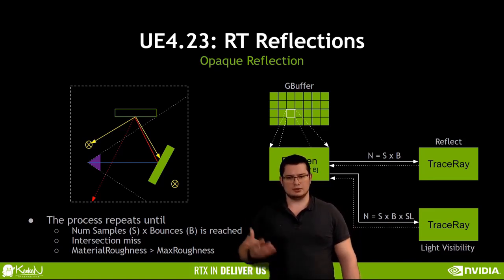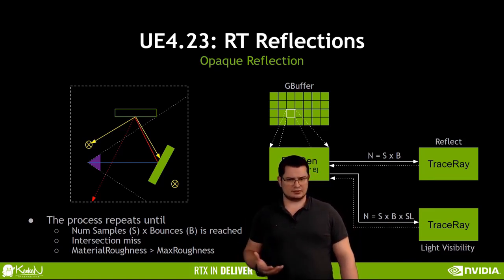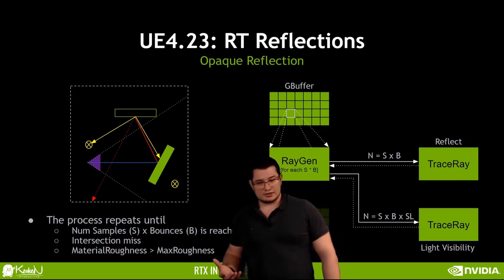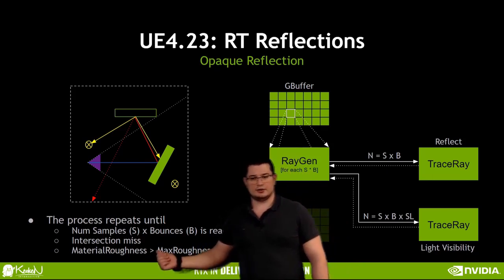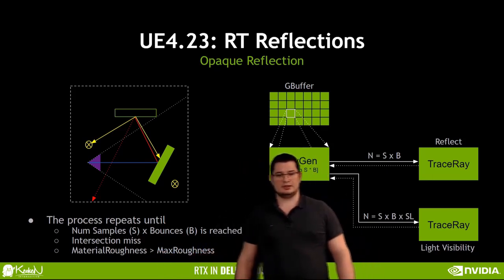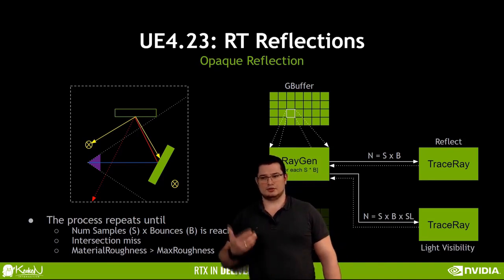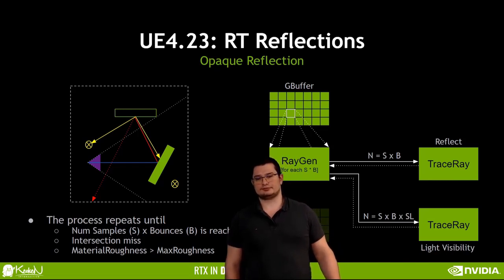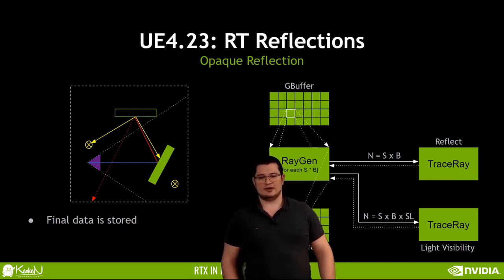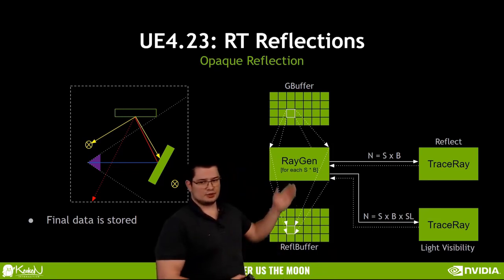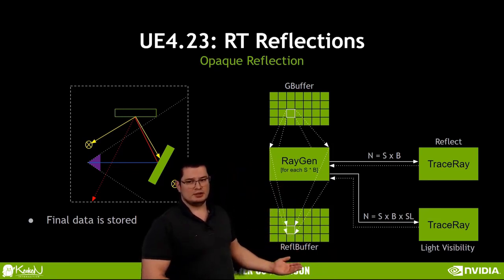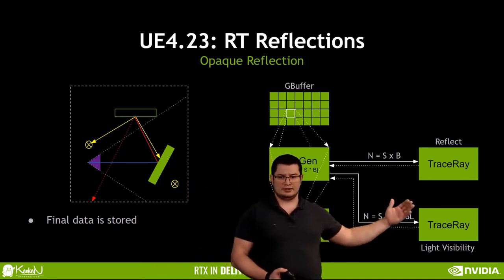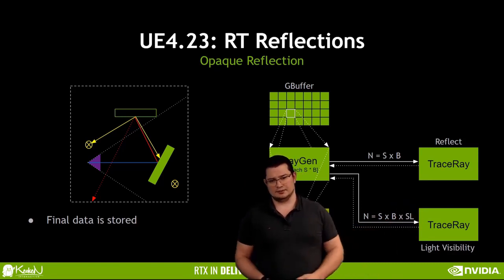The ray bounce also stops when the evaluated material roughness is higher than your maximum roughness, because then this will be offloaded to the environmental probe. Finally, the data is stored into the reflection buffer, evaluated in the end and composed into the final image.